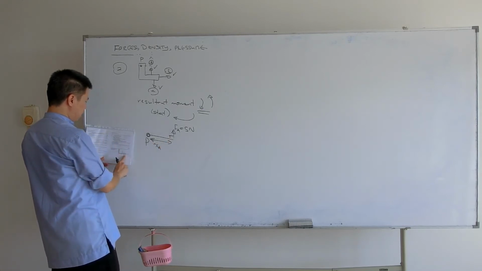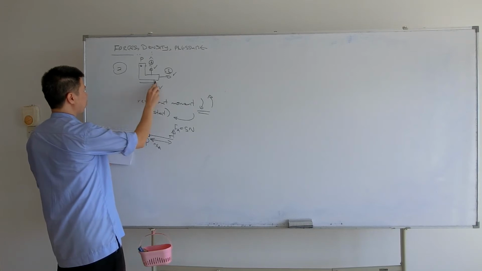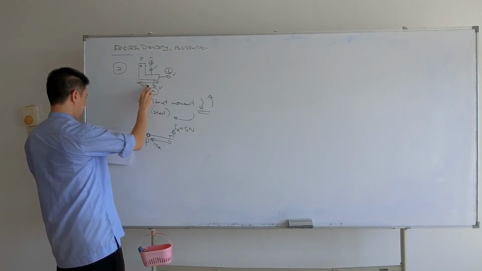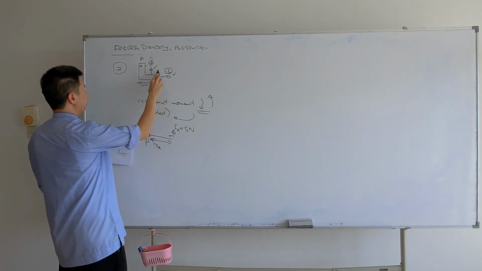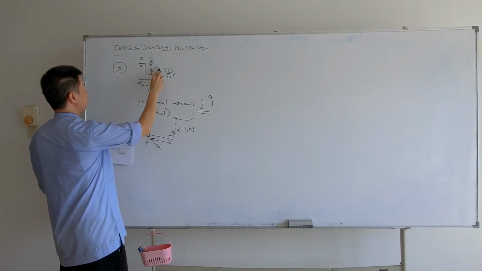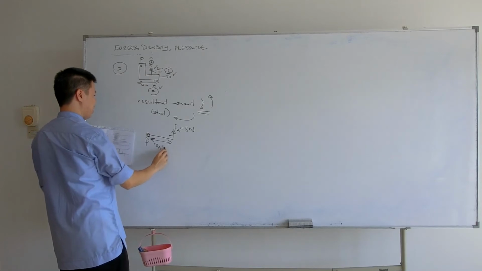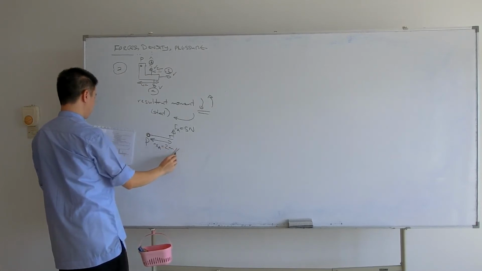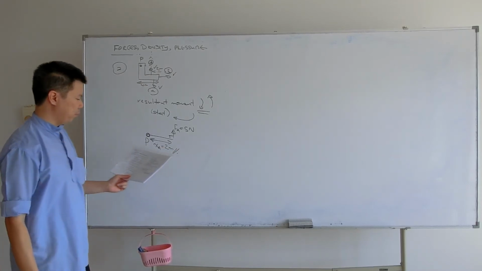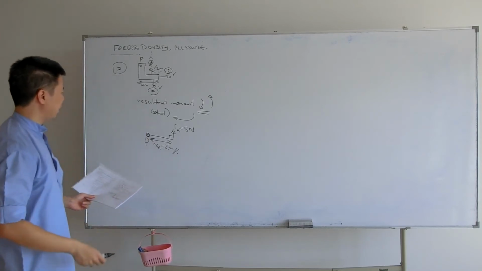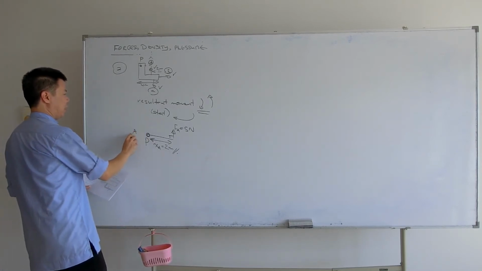You have 4 meters total, and this one is 2 meters. Therefore, from the pivot, XA is just 2 meters. I hope you can see the explanation for part A.